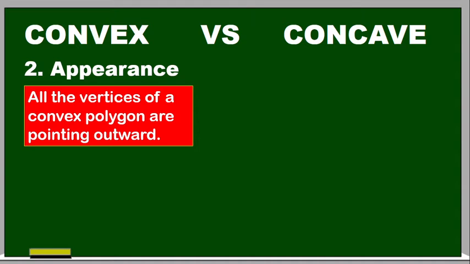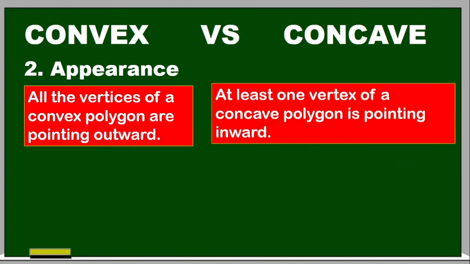So we are talking about the vertices or the vertex of the convex polygon. It should be pointing outward. And in concave, at least one vertex of a concave polygon is pointing inward. So still we have pointing outward, we have pointing inward.